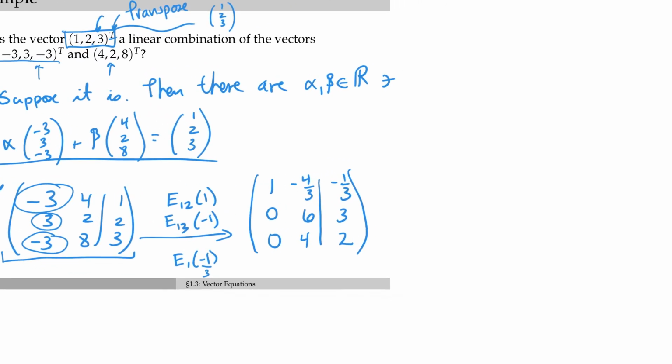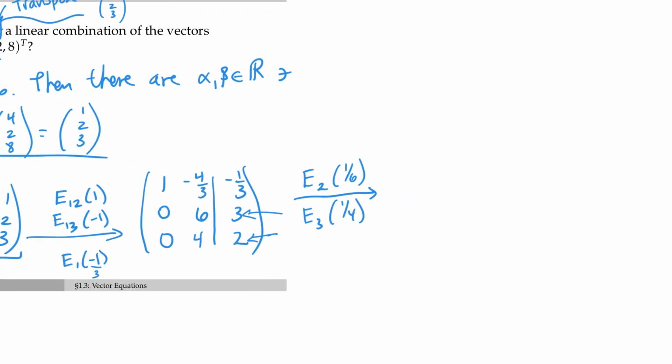Hit this row here with a 1/6, and this one with a 1/4. So what we're going to do is E2 of 1/6, E3 of 1/4. You probably noticed something already, but I'm not going to say what it is.